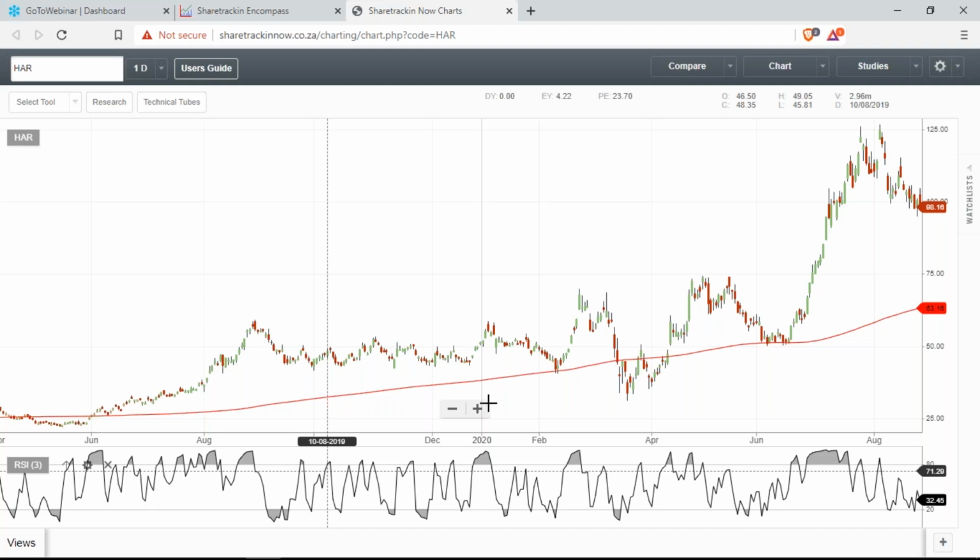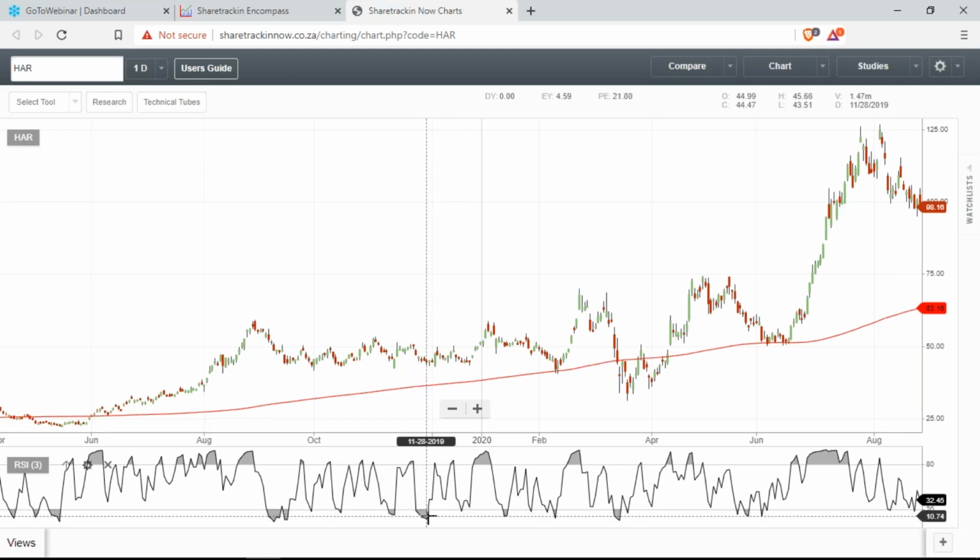In other words, if I look on the right hand side at the bottom next to my RSI, I would note that it has a 20 and an 80 line. There's my 80 line and there's my 20 line. If a share goes below the 20 line, you will note that it becomes a gray area.